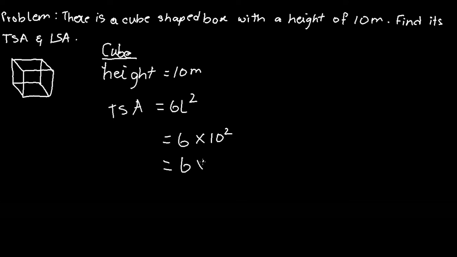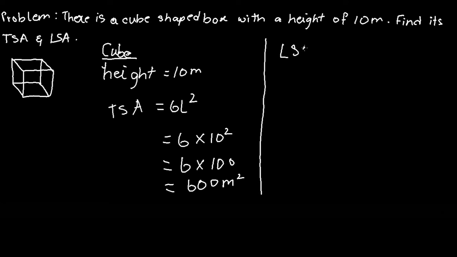So 6 times 100, which is the equivalent of 10 squared, is 600 meters squared, which is the area of the box. And that's actually a really big box. Let's go ahead and do the LSA.